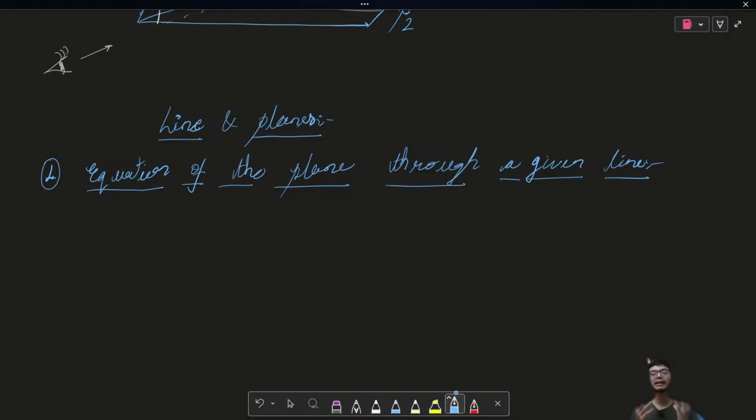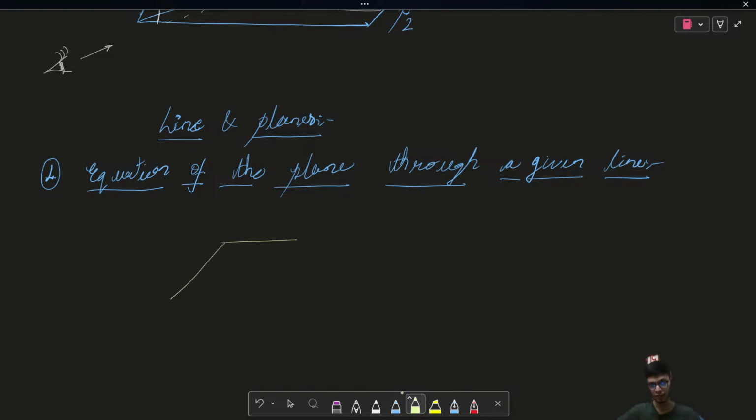Before I jump directly into the formulation of this problem, let us try to understand what this physically means. It is asking you to formulate the equation of a plane which passes through a given line.